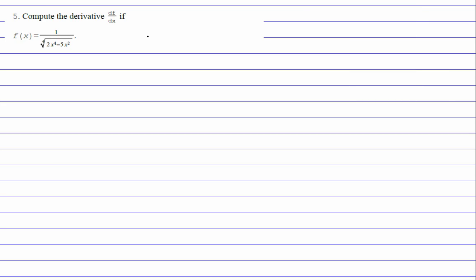So for this problem, one alternative that people did was basically doing a chain rule here. Sorry, quotient rule rather.